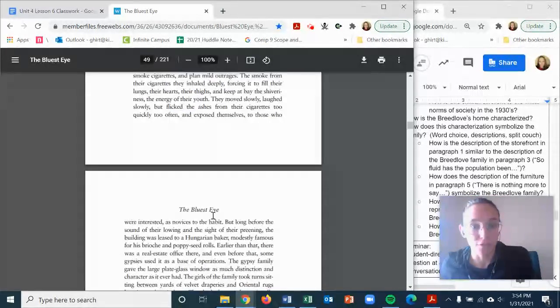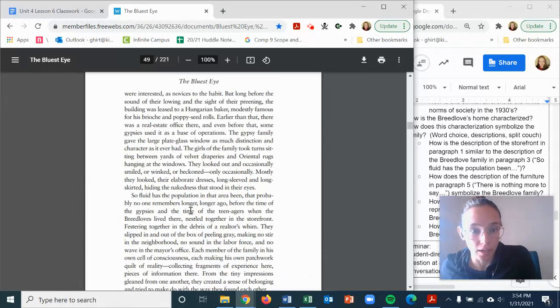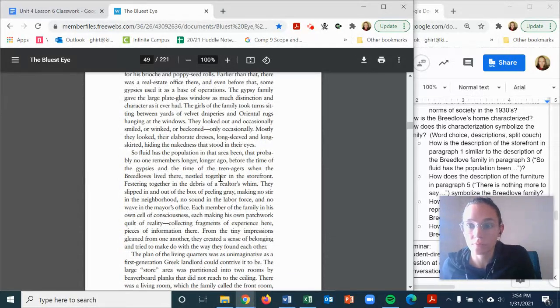And then in paragraph 3, how is that similar to the description of the family? The family is described as nestled together in the storefront, festering together in the debris of a realtor's whim.